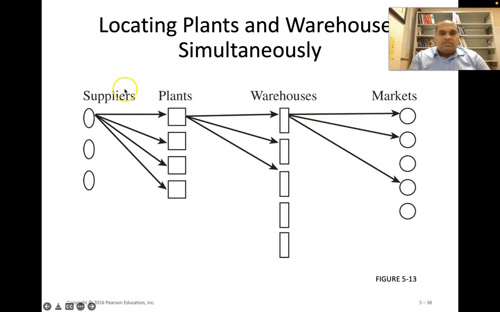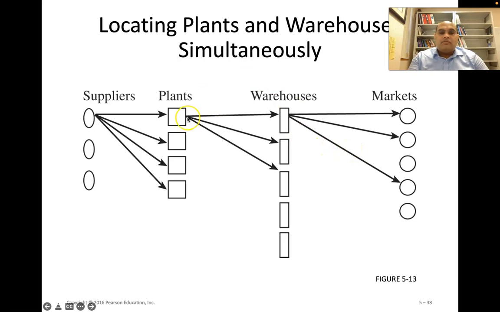So you have one set of x variables here, a second set of x variables here, and a third set of x variables here, which will depend upon how many potential warehouses and market locations there are, plants and warehouses, and supplier and plant locations. We'll see a concrete example in a few seconds, but that's what you have as far as the decision variables related to the flow is concerned.